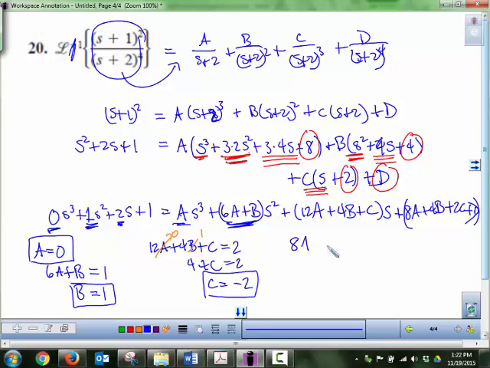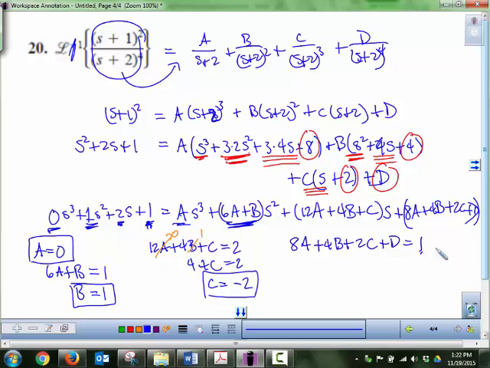And then 8A plus 4B plus 2C plus D equals what? Equals 1. That's the constant on this one.